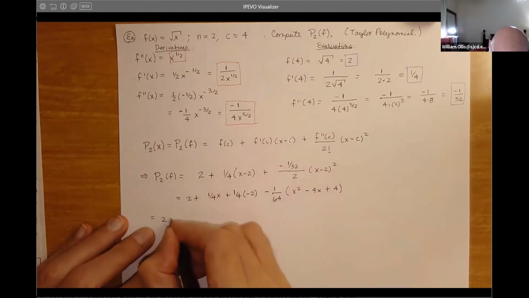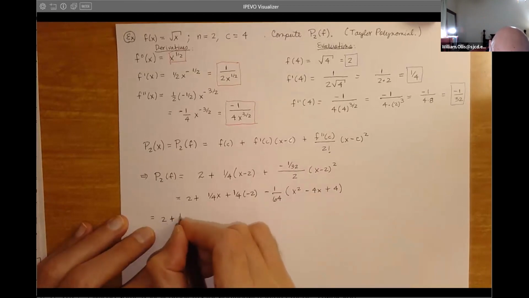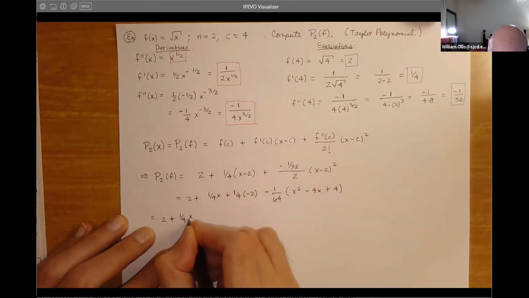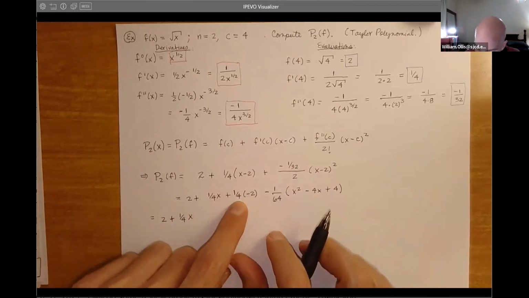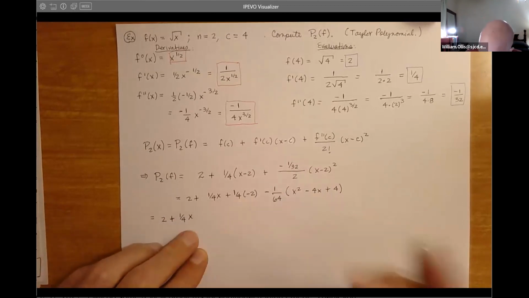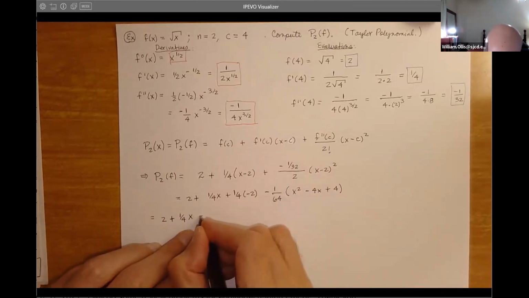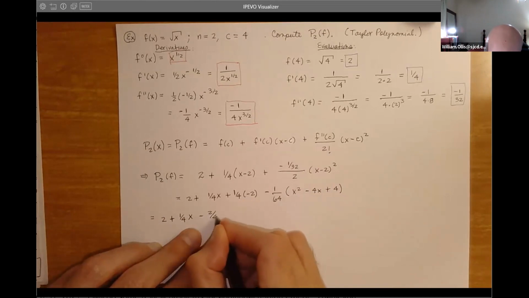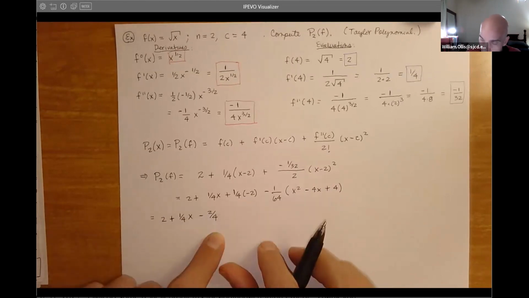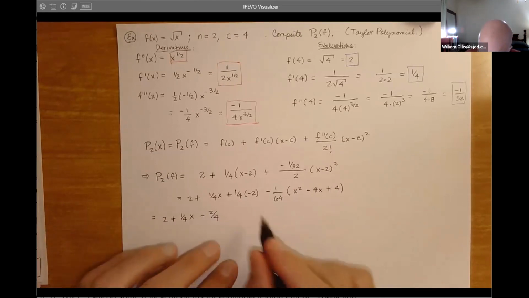So we get a 2 plus a 1/4 x. And then, of course, here we get a negative 2 over 4. And again, we may decide that we want to change that up. But for right now, let's just say minus 2 over 4. Maybe we'll reduce that if we need to. We may not want to. So let's just see what we get.